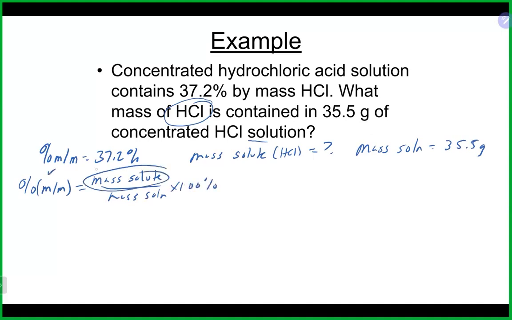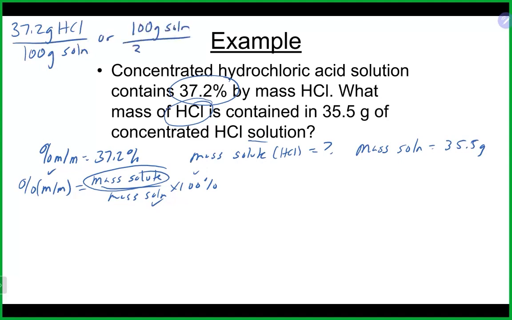The other approach you could take is a more dimensional analysis approach. Since it is 37.2% by mass HCl, what that means is there are 37.2 grams of HCl in 100 grams of solution. Or you could flip it around, 100 grams of solution is 37.2 grams of HCl.